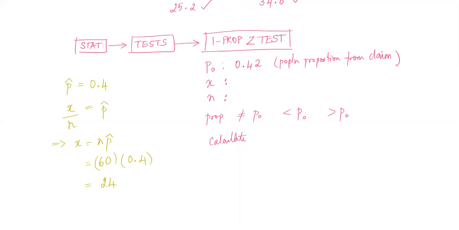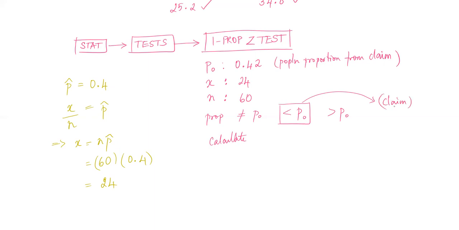We would just use P, lowercase p, but here they use P naught, so please be clear on that. X is 24, N is 60. And because you go back to your claim and see what symbol we used, your symbol was less than, right? So look at the claim, right?